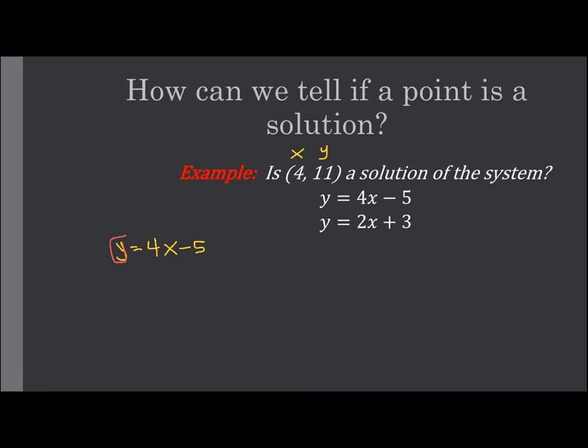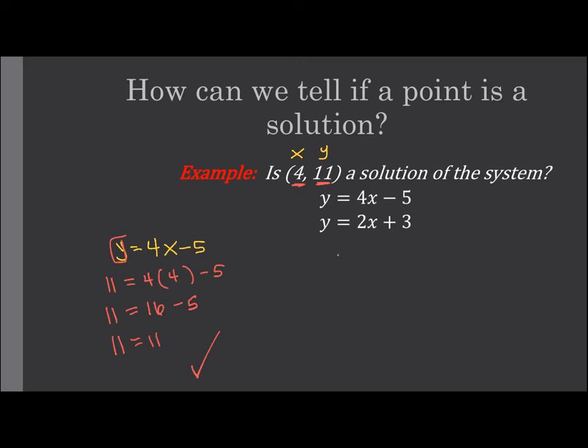Well, in for y, up here, y is 11, so 11 equals 4, and then in for x, x is 4, and then minus 5. So now we math it out. 11 equals, okay, 4 times 4 is 16 minus 5. And then 11 equals 16 minus 5 is 11. So that means it works for the first one.